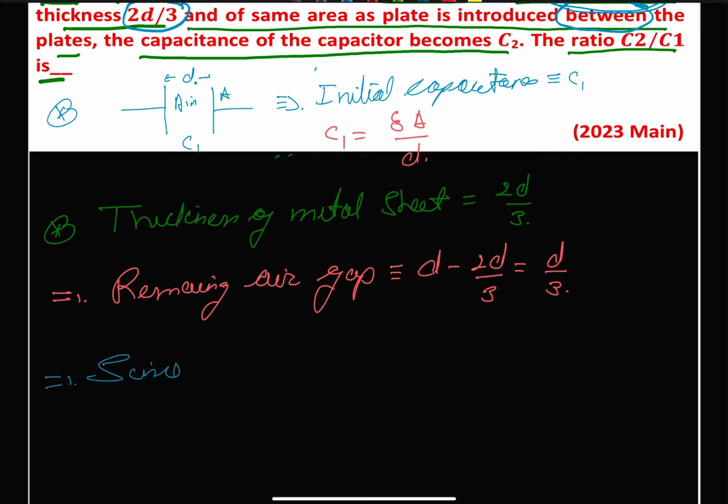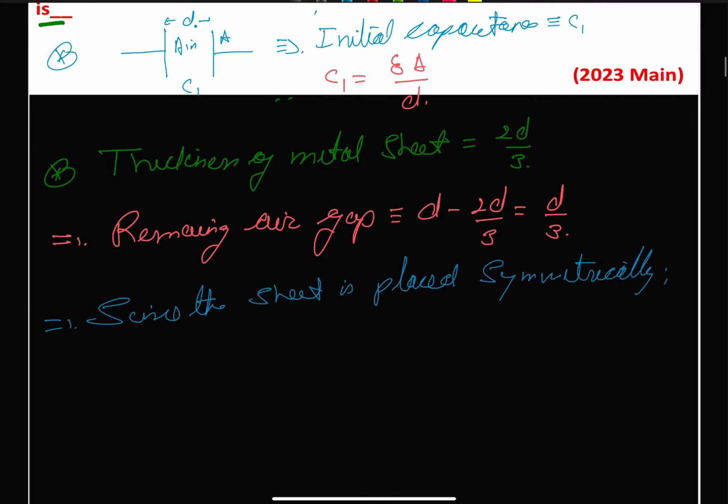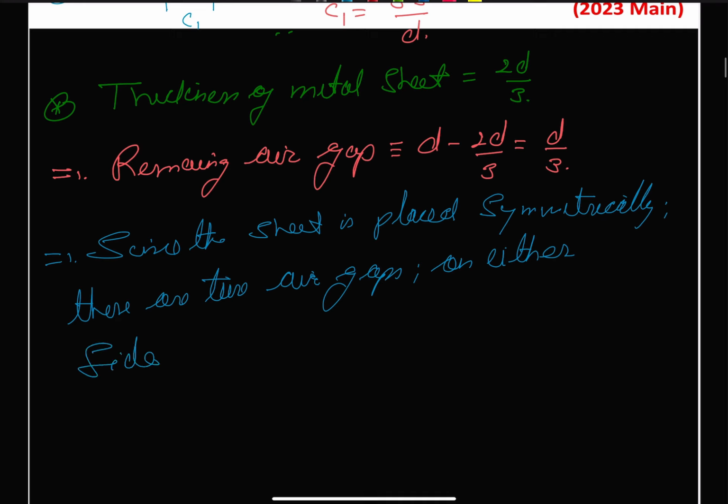Since the sheet is placed symmetrically, there are two air gaps on either side, each of thickness d by 6.